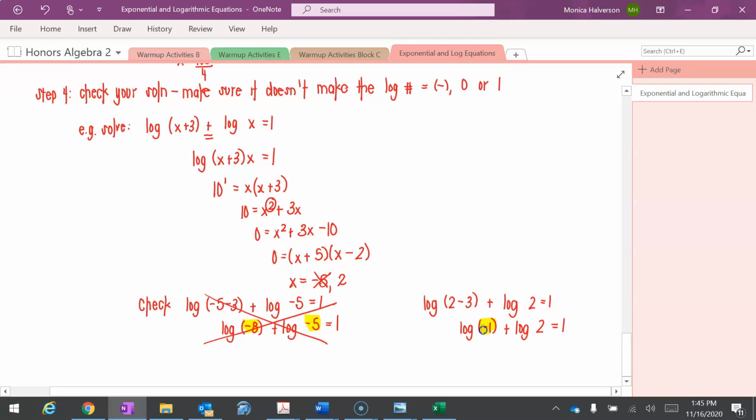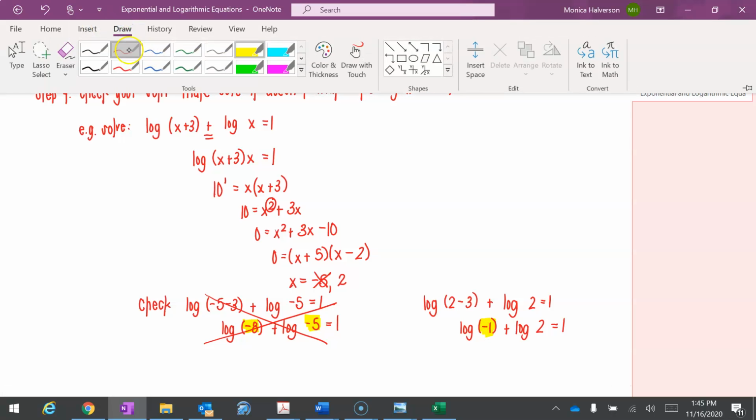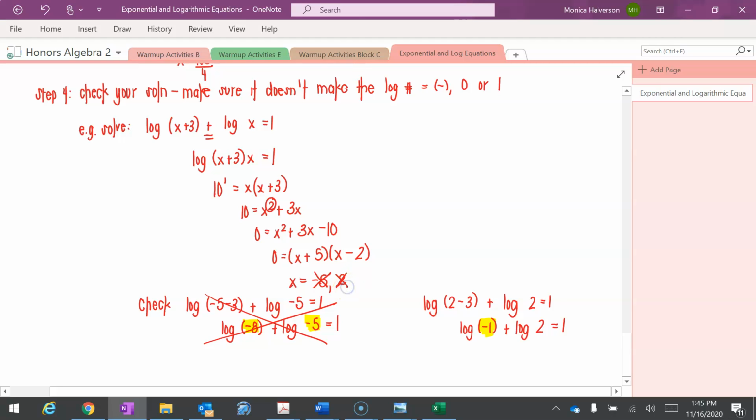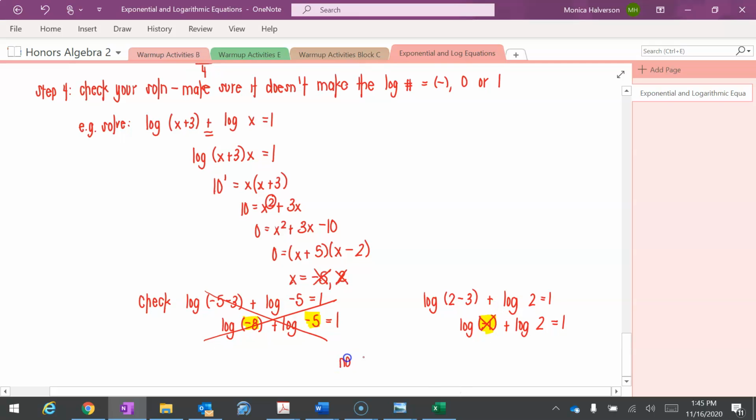This 2 gives us a negative logarithmic number, which means this 2 is also not a solution but extraneous. So your answer here would be no solution, not possible.